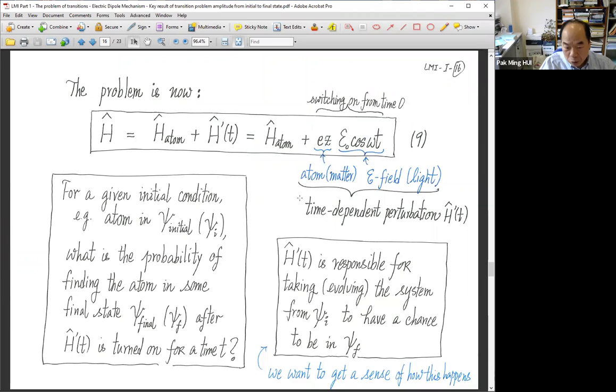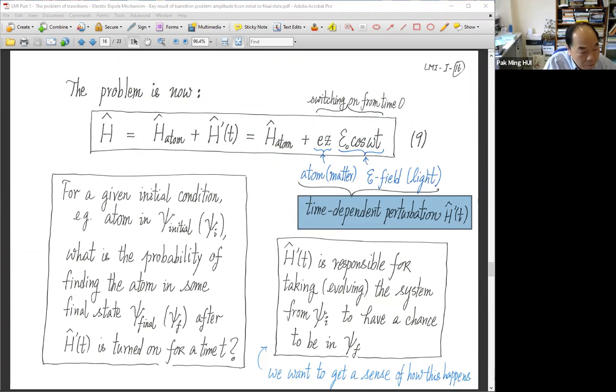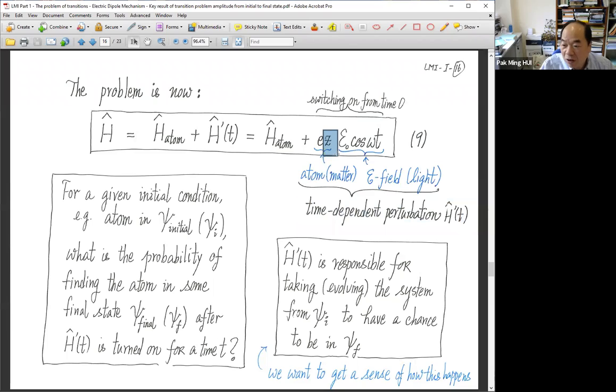So that is the new problem. Explicitly, we have time. Actually, I should have said this perturbation is also related to z or r and t. But because t is the new element, I write down this is a function of t explicitly, but hidden behind there is a position of the electron in the H prime.